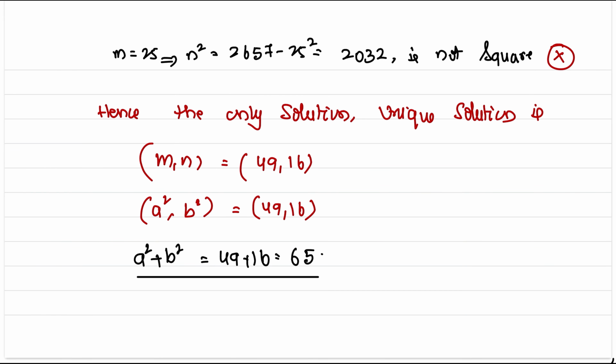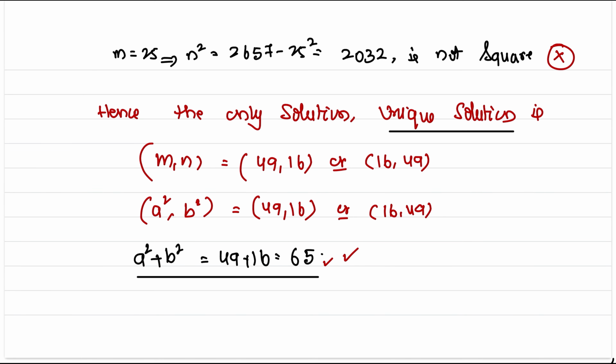Even if we interchange, for example, 16 and 49, a square plus b square is unique. Either you add 49 to 16 or 16 to 49, the value is a unique solution. This is the unique solution.